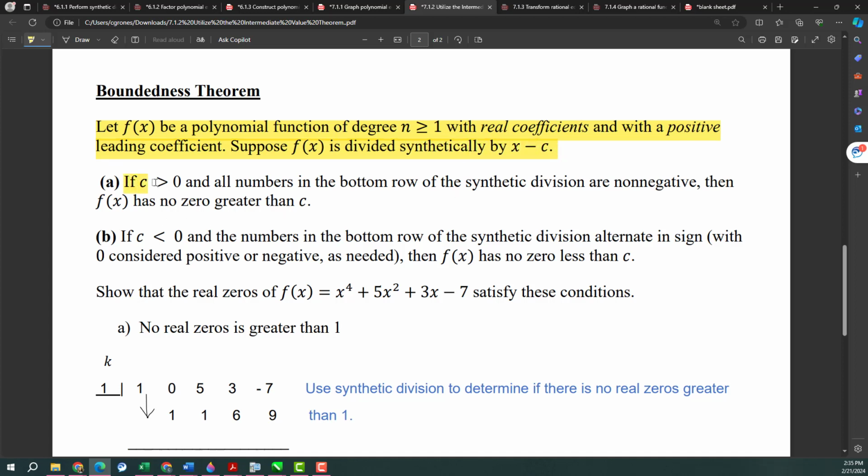So if c is greater than 0 and all numbers in the bottom row of the synthetic division are non-negative, then f of x has no zero greater than c. If c is less than 0 and the numbers in the bottom row of the synthetic division alternate in sign, with 0 considered positive or negative as needed, then f of x has no zero less than c.